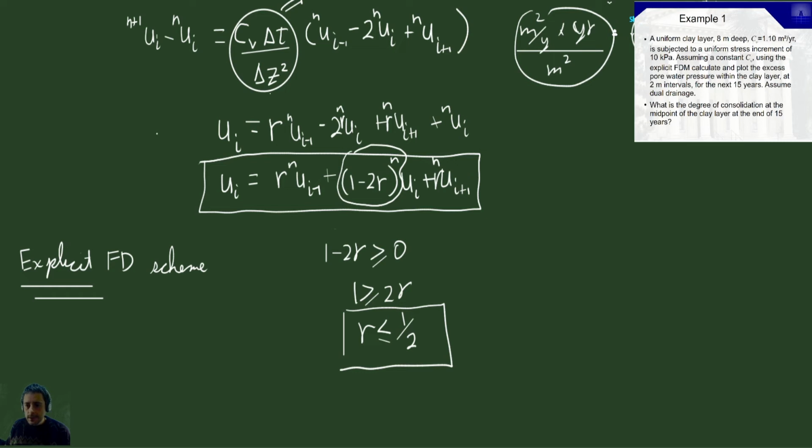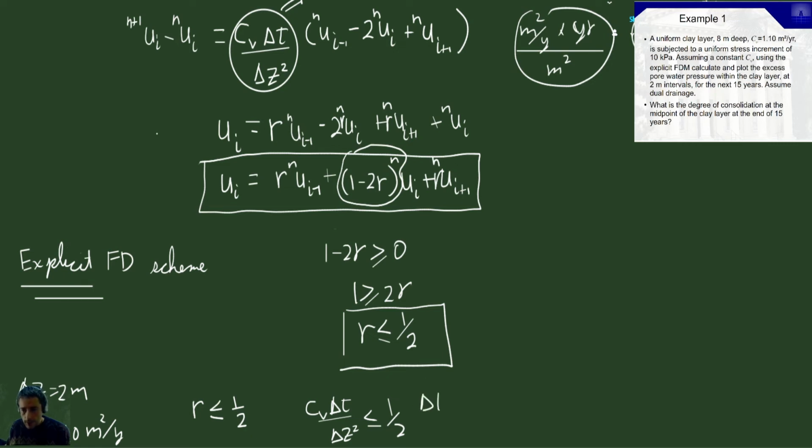So once we have delta z established at a 2 meter interval, and we have CV, which is 1.10 meters squared per year, then we know that R is smaller or equal to 1/2. Which means that CV delta t over delta z squared must be smaller or equal to 1/2.